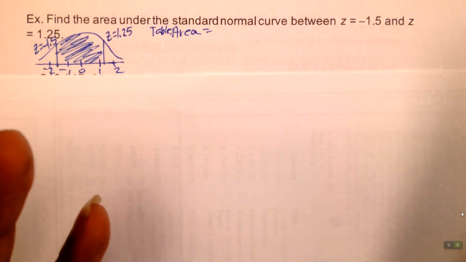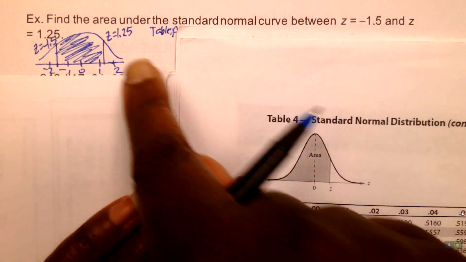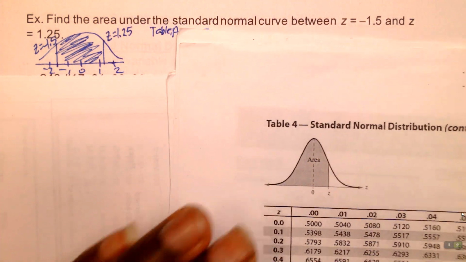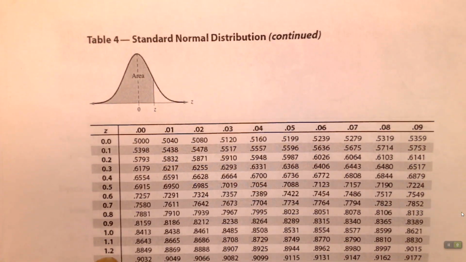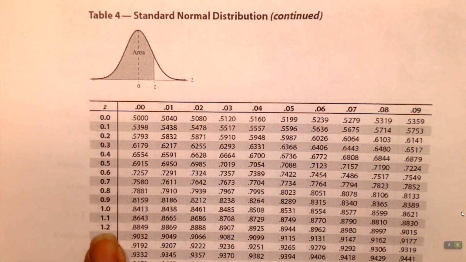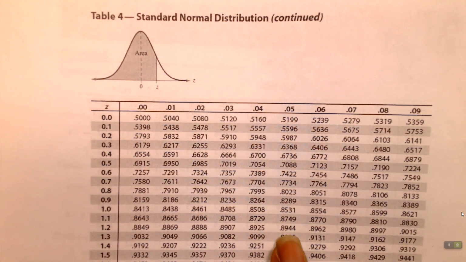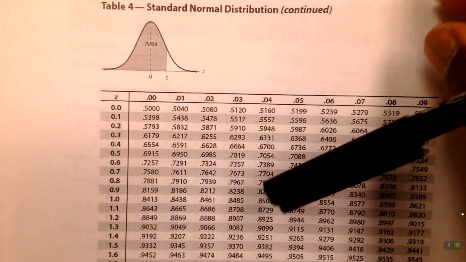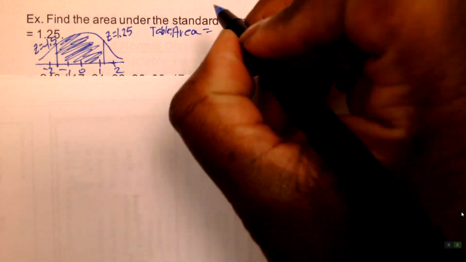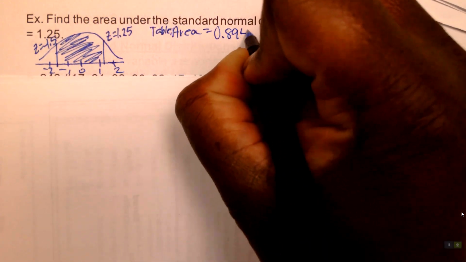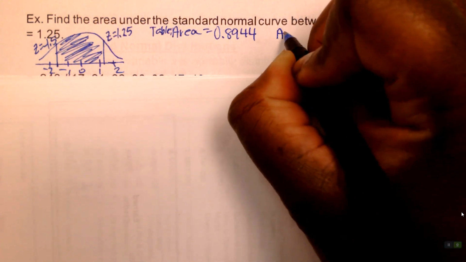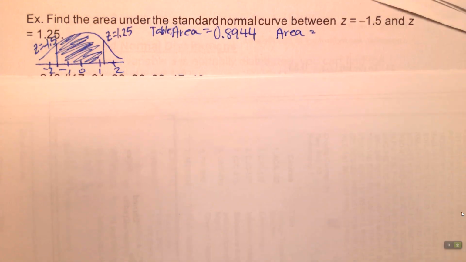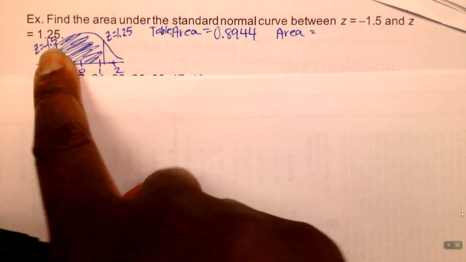So I'm on the positive side. I'm going to look for 1.25. This is 0.8944. The other area is negative 1.5.